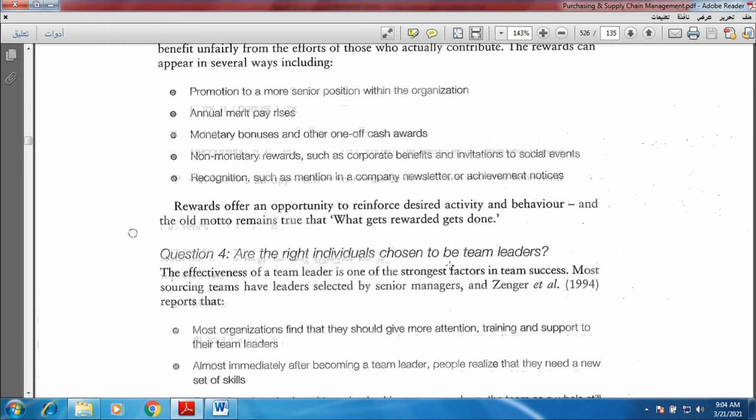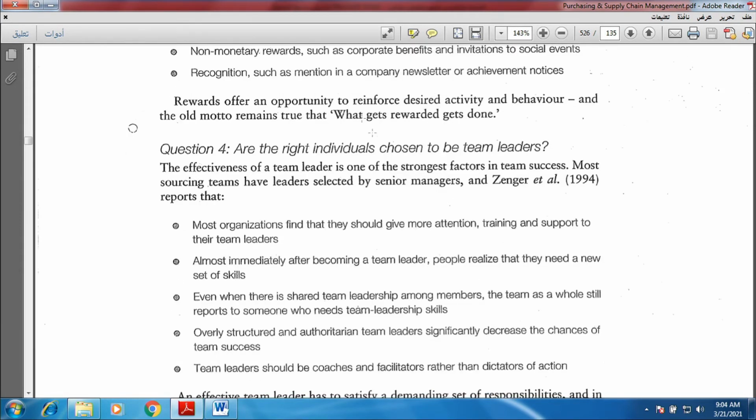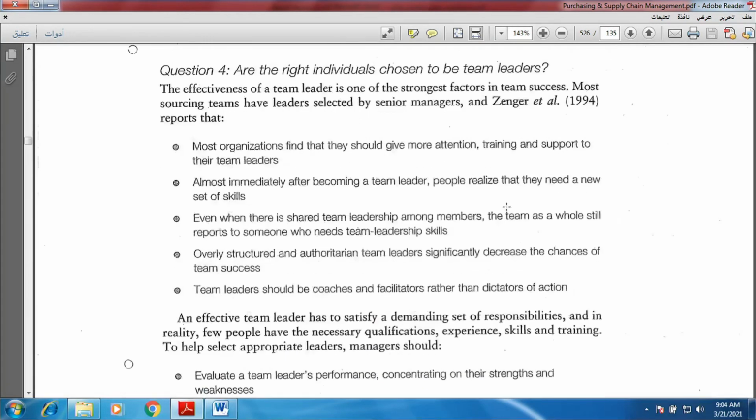Moving to question number 4: are the right individuals chosen to be team leaders? Here we want to think about individuals who are very active. We want people who can share ideas and who are nominated, or could be senior managers in the future.